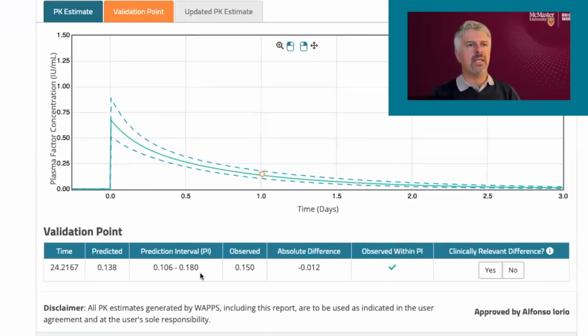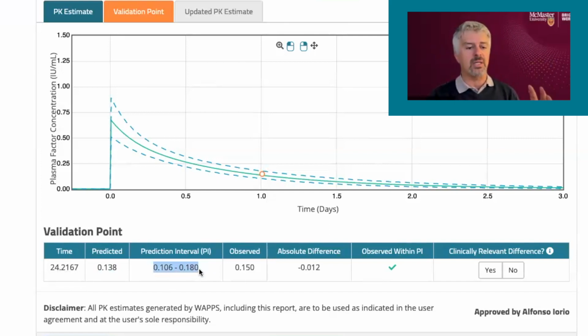The system also does a statistical validation for me. It tells me that at this time, 24 hours after the infusion, the predicted concentration was 138, and the prediction interval, so the space where this value was expected to be or could be.